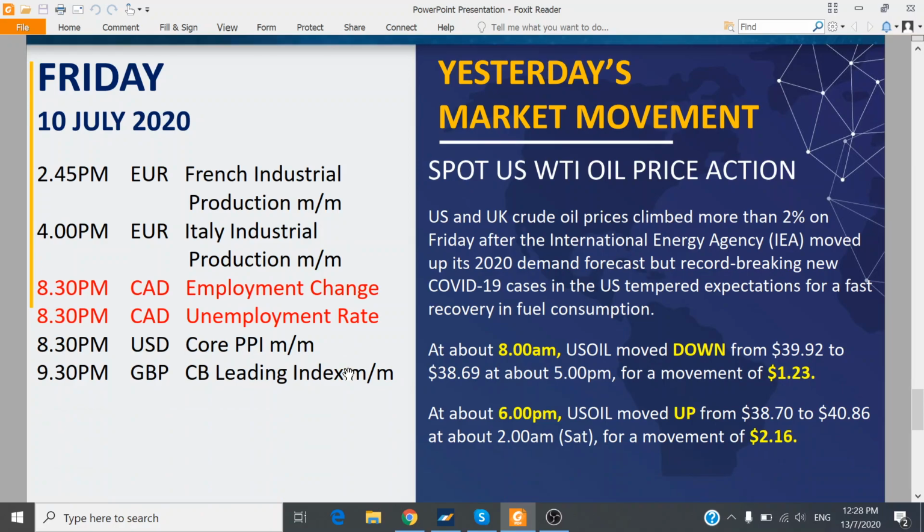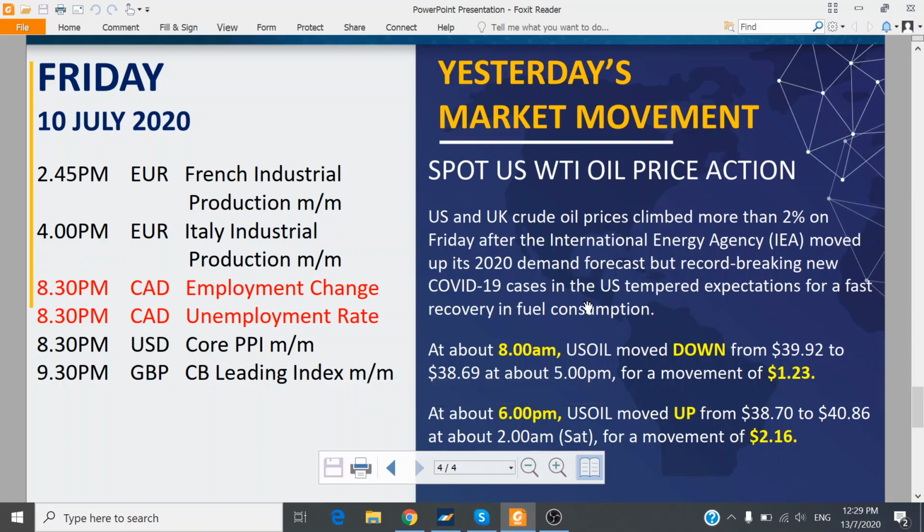Last Friday, US West Texas Intermediate and UK Brent crude rose more than 2% after the International Energy Agency increased its 2020 demand forecast and possibly for 2021.